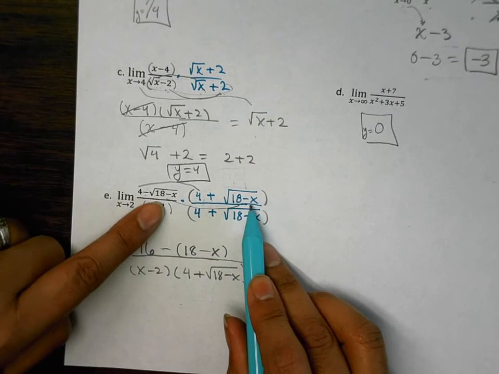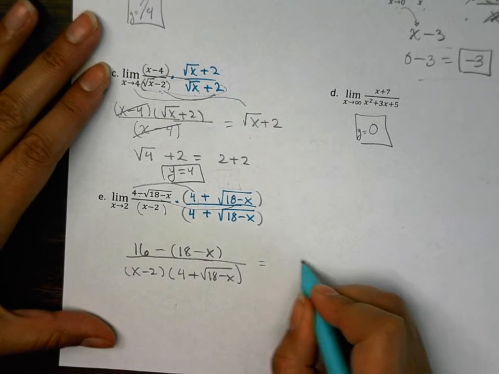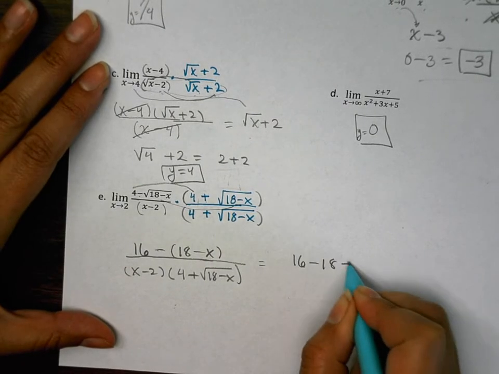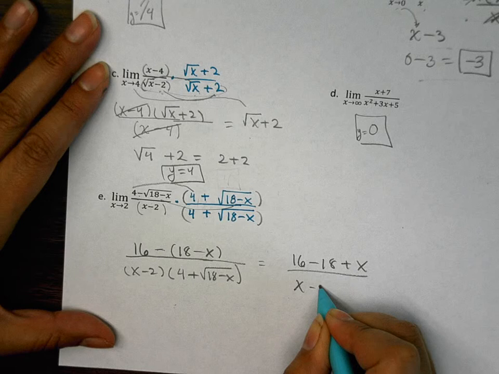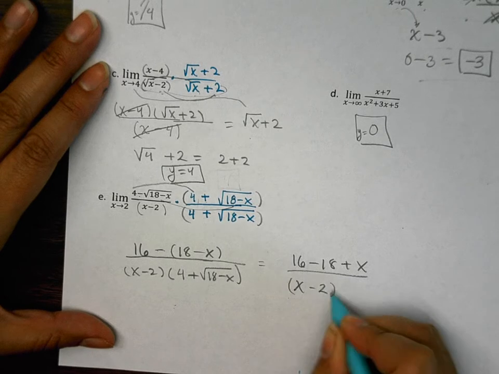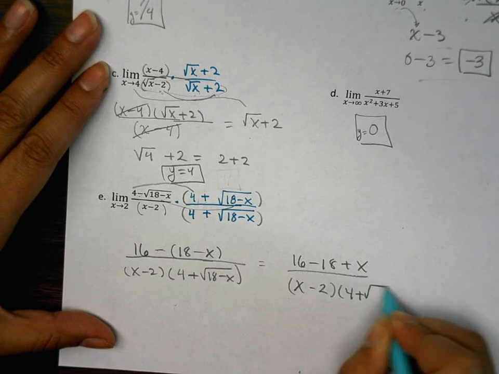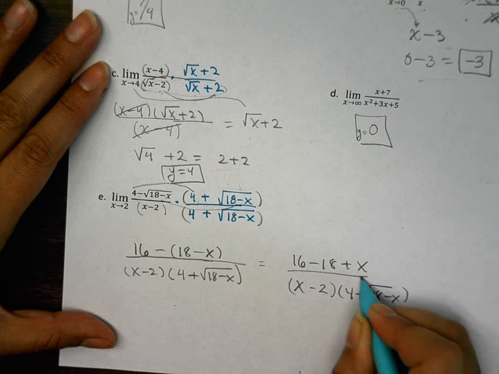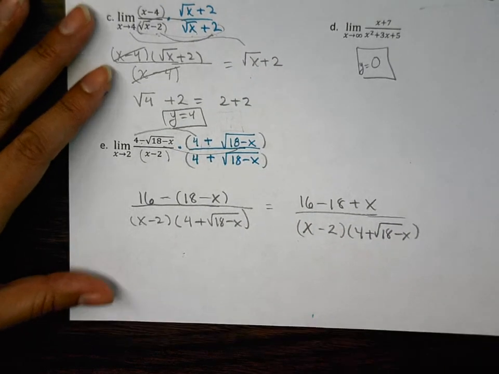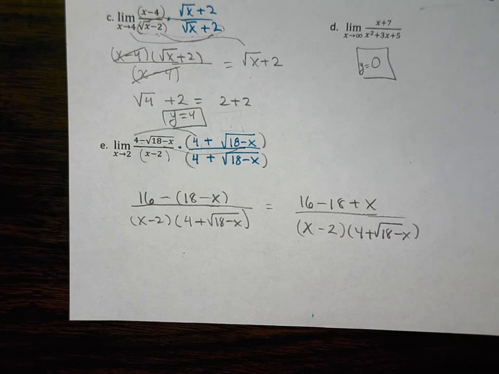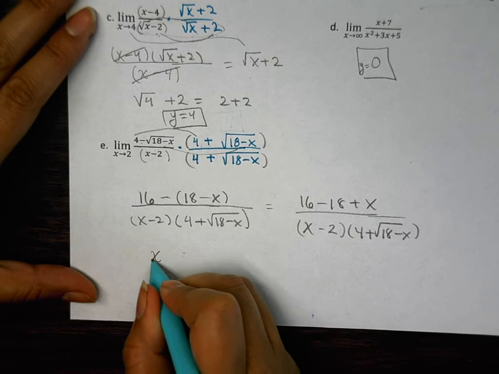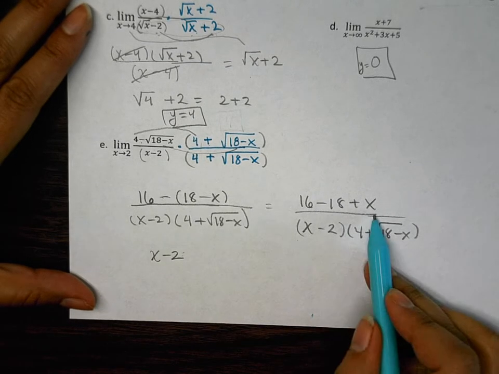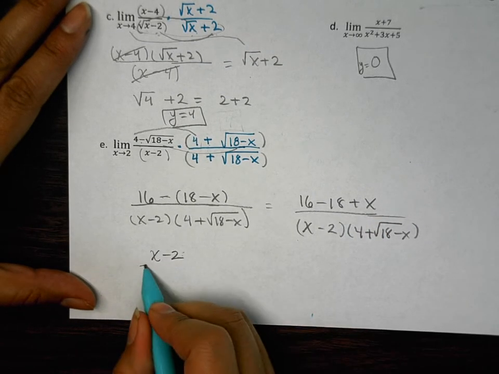So 4 times 4 is, where are we at? 16, and then the radicals undo each other, and I do have to distribute. 16 minus 18 plus x, x minus 2, 4 plus the square root of 18 minus x. Has anybody cleaned up the top yet? What does that become? Okay, x minus 2. She started to say negative 2 plus x.